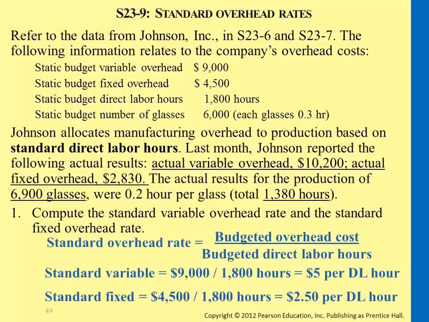For efficiency, we'll be comparing the actual hours used with the budgeted hours. So we already know the actual hours is 1,380 hours. The workers used this. What about the original budgeted hours, meaning budgeted hours at the level of having 6,900 glasses? So how will we be able to know that?